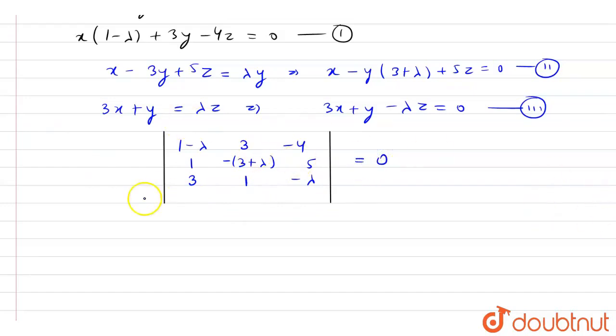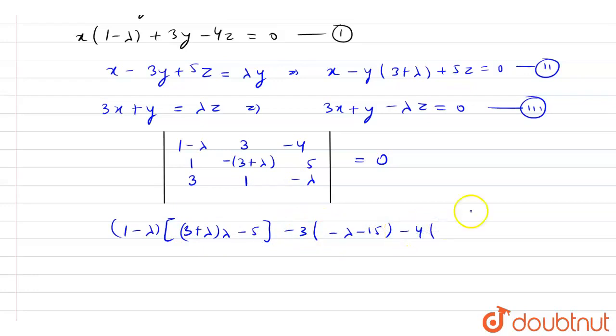Now if I expand this, I'll get (1 minus lambda) multiplied by (3 plus lambda) into (lambda minus 5), minus 3 times (minus lambda minus 15), minus 4 times (1 plus 3 into (3 plus lambda)) equals 0.